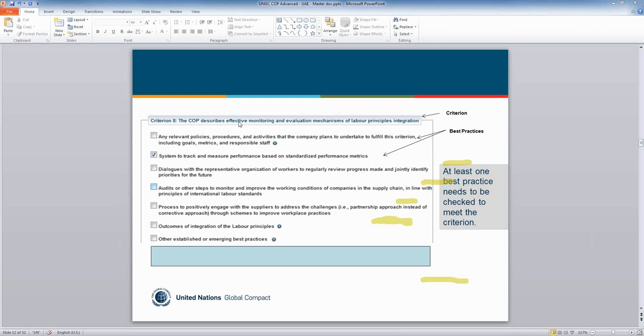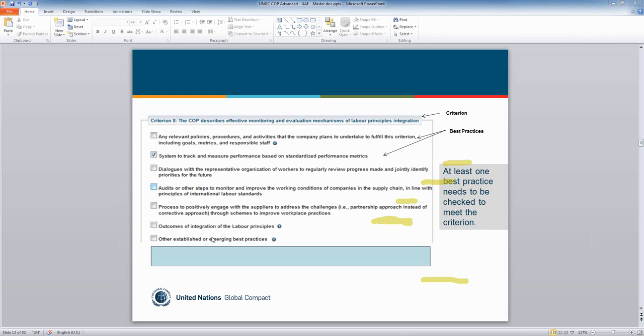Remember, I just said if a company wants to be at the GC Advanced level, what must they do? They must fulfill all 21 criteria. So how do they fulfill the criterion? By meeting at least one of the best practices. Of course, if the company meets the 7 best practices that we recommend, great.